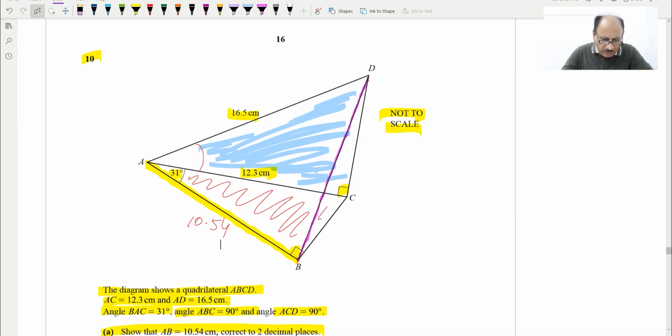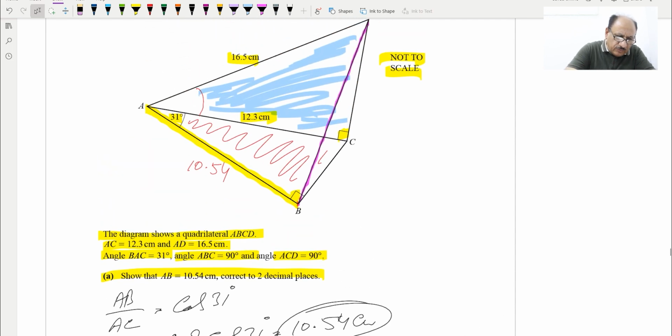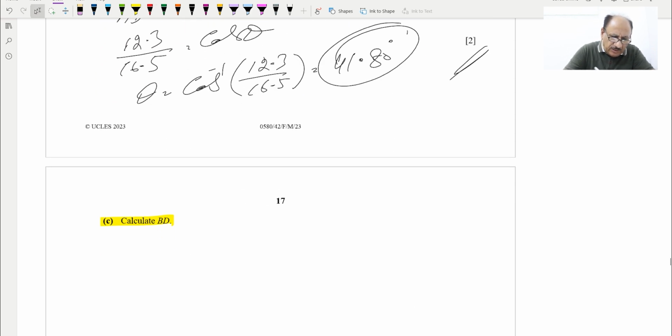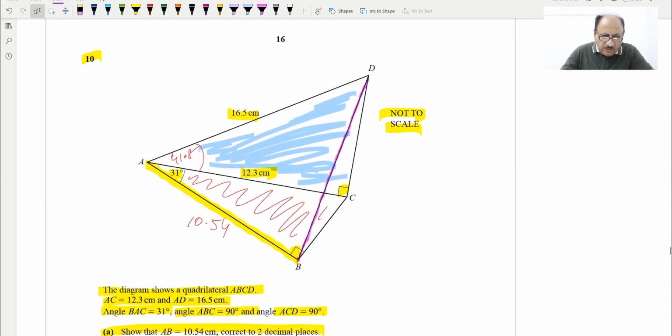We have 41.8, which we calculated here, which we can write over here, 41.8. Now in triangle ABD we will be applying the cosine rule. I will write the steps here so that you can refer to them also.